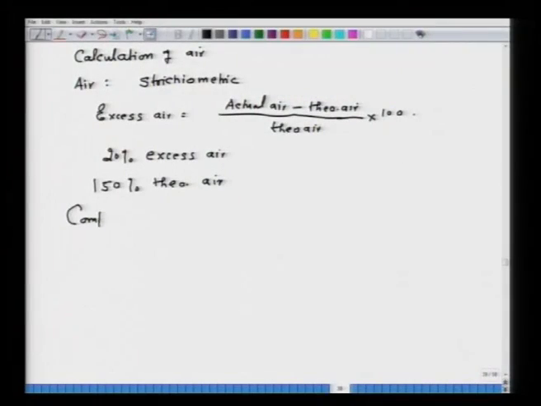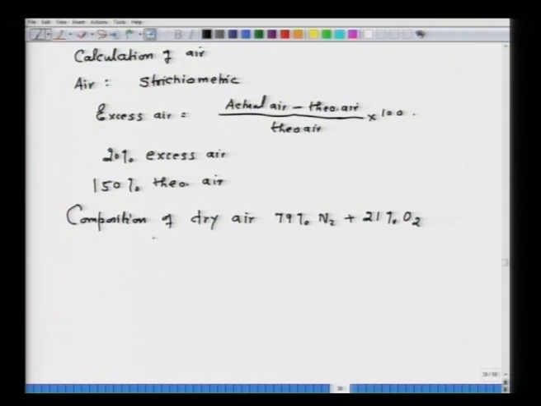So, these are the different names that you will find while solving the problems on the unit processes. Also, we will take the composition of dry air as 79% nitrogen plus 21% oxygen.